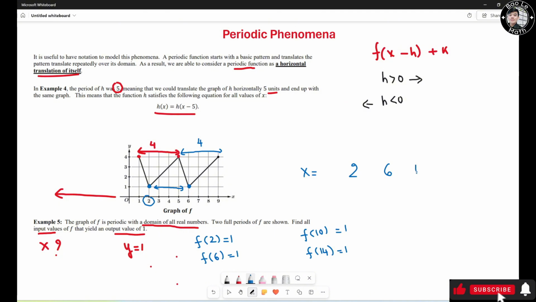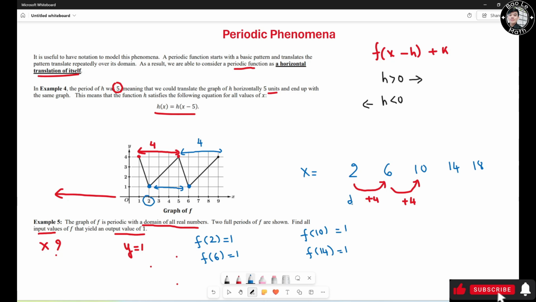Now the next one should be 10. So we write it right here. The next one should be 14, right? 18, etc., right? So we see that every single time you add 4, right? So this is actually an arithmetic sequence with the common difference 4, right?